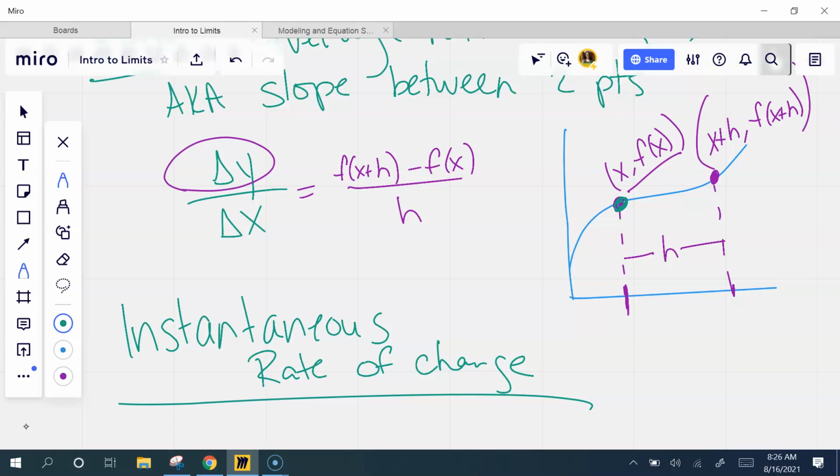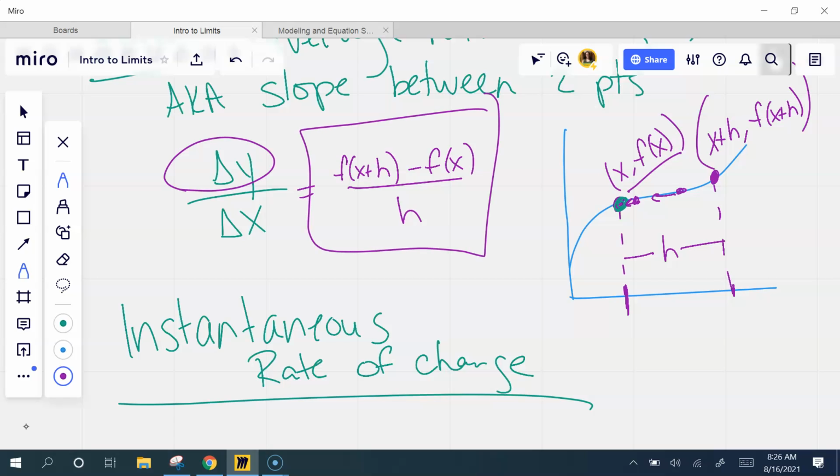So, in fact, as I get closer and closer and closer together, what is happening to my H? Smaller and smaller. Do you agree with that? What actually is it getting closer and closer to? 0, right? As that distance closes in and these points get closer together, that H gets closer and closer to 0.